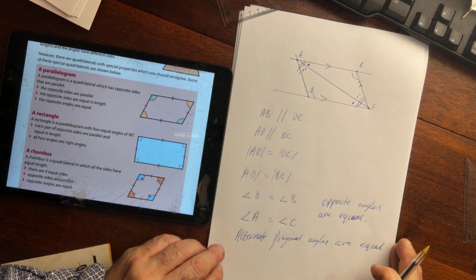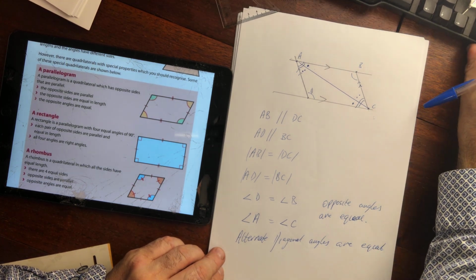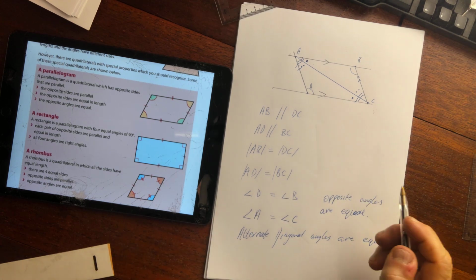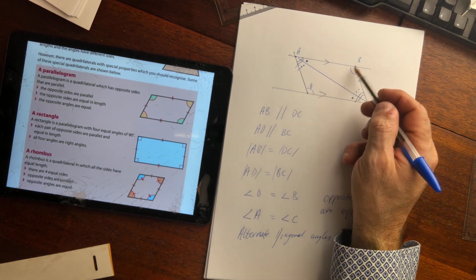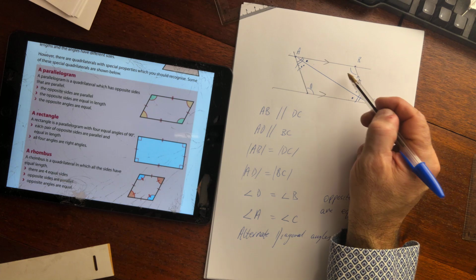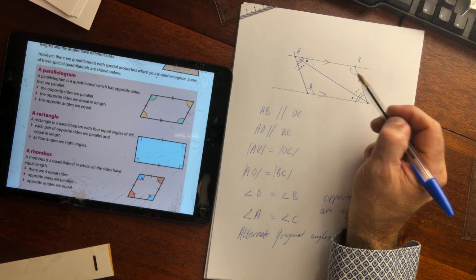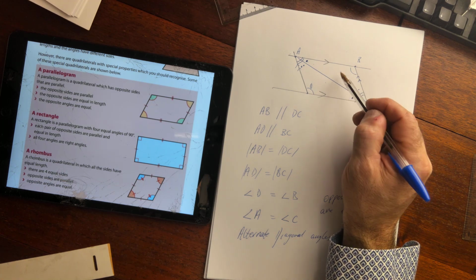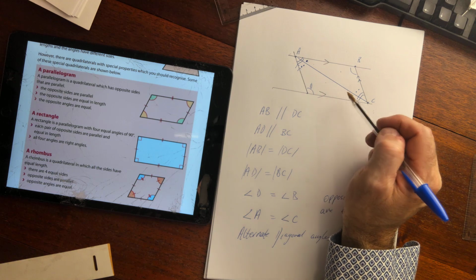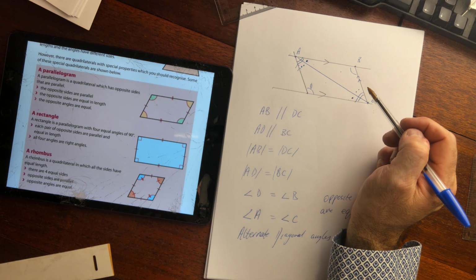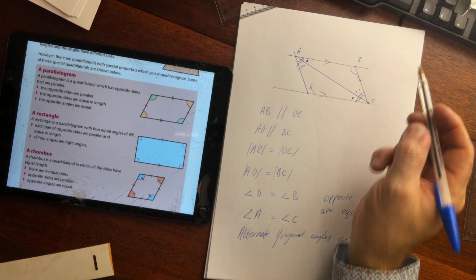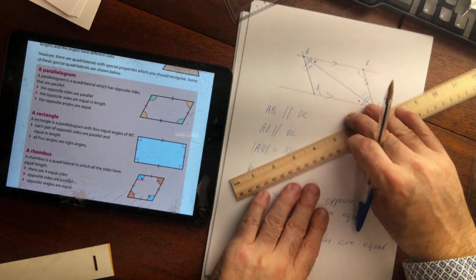There's lots of other stuff going on here, so before I move on to creating another diagonal and bisecting, we have two triangles here, and they're congruent, they're the same shape, they're just twisted around. And now I'm going to draw in the second diagonal.